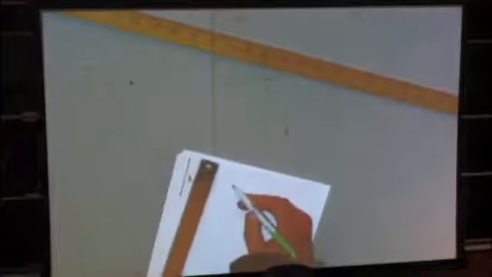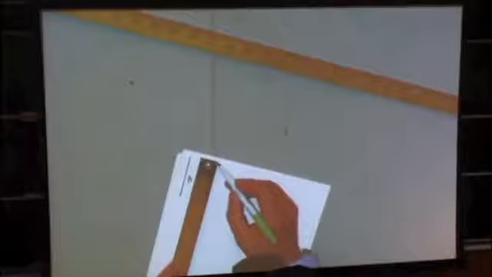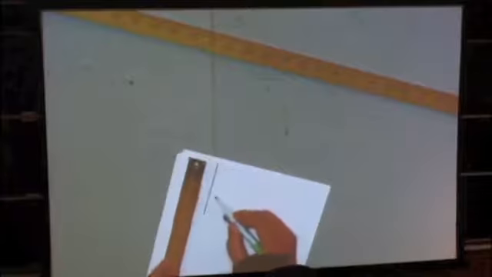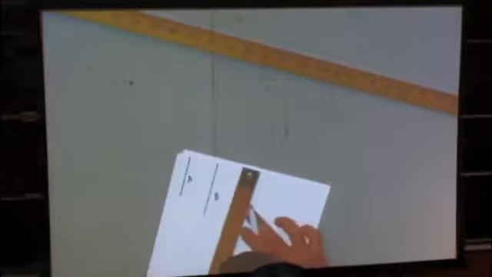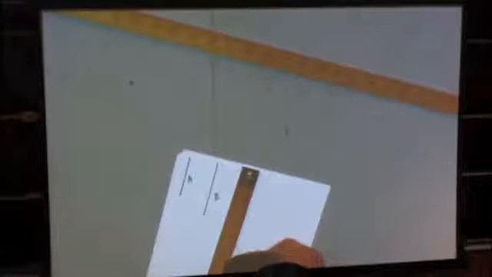A. B. C. So it's up to you how you point them, how you arrange them.